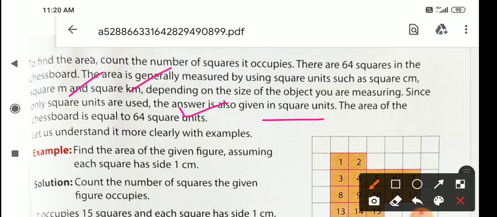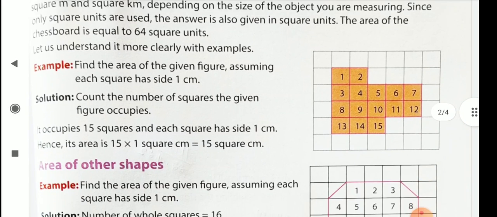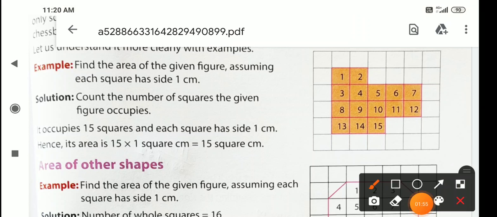Okay. So now you see some examples. Find the area of the given figure, assuming each square has side 1 centimeter. Suppose, how many squares are there? Children, 15 squares are there. Each square has sides of 1 centimeter.